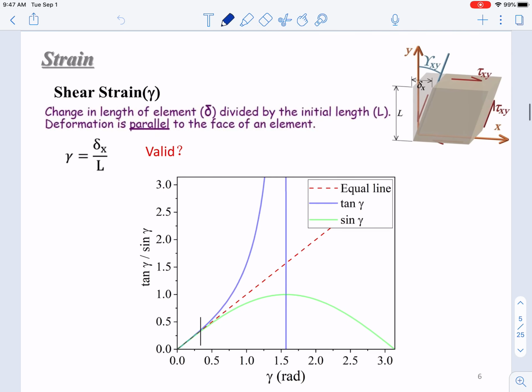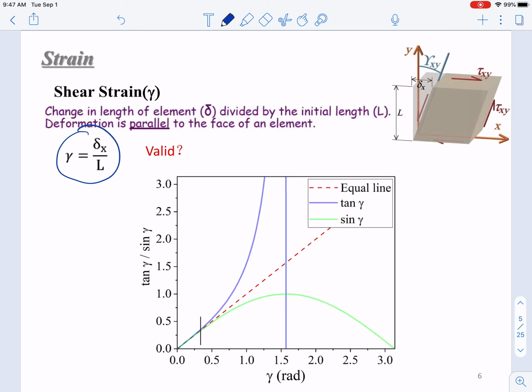We also mentioned that the first equation, the direct equation to calculate gamma, is only valid when the angle is very small. Then how small is small? Here I compared these curves. The first one is tangent gamma, the green one is sine gamma, and the red curve is the equal line.